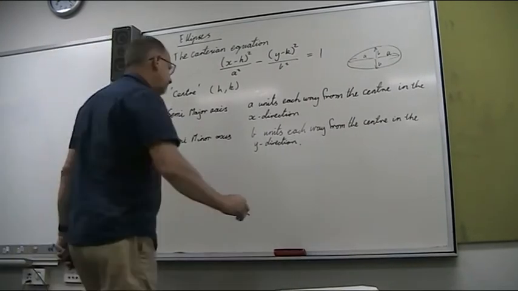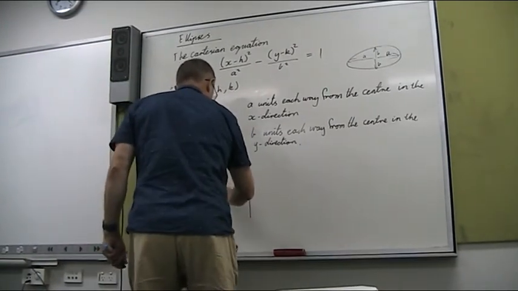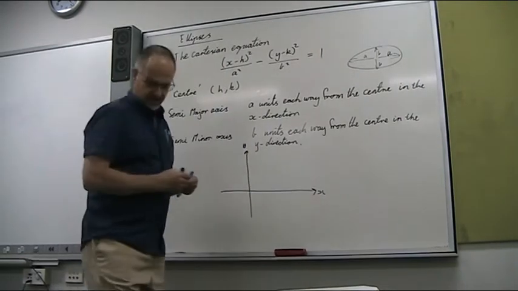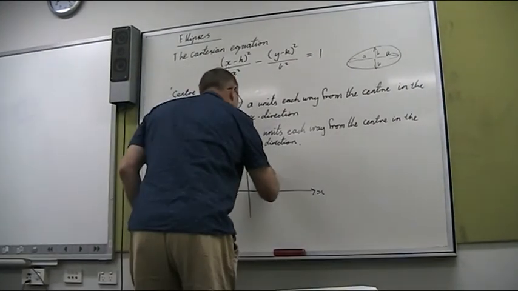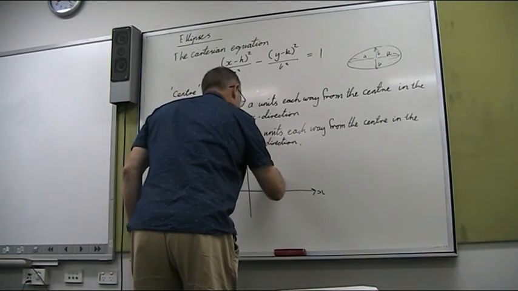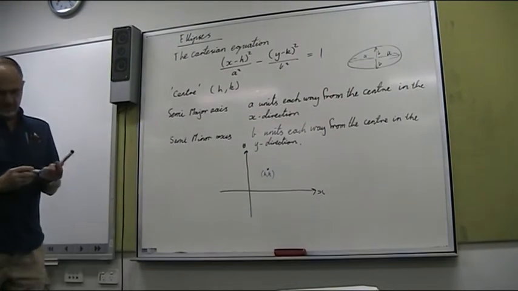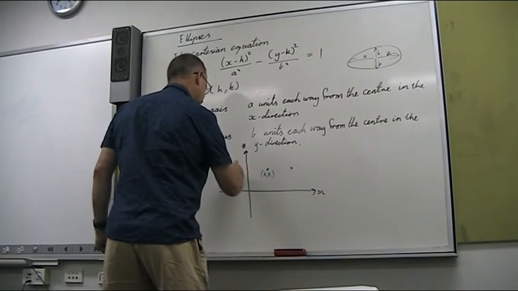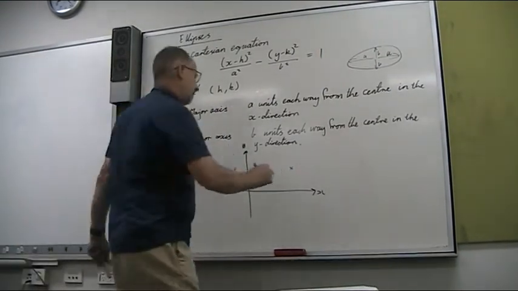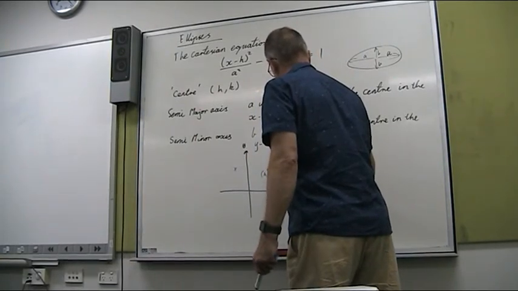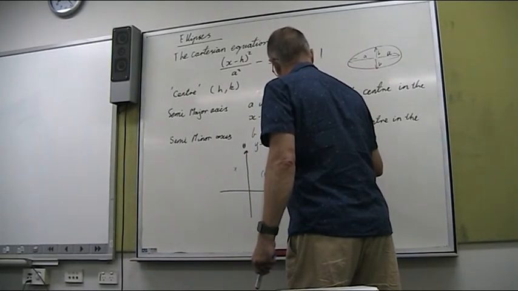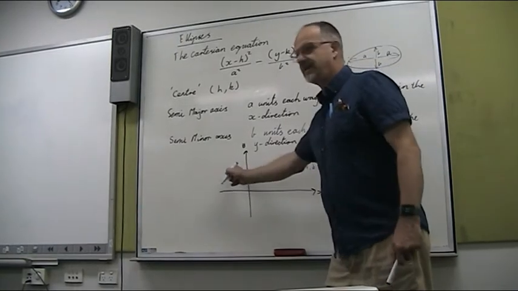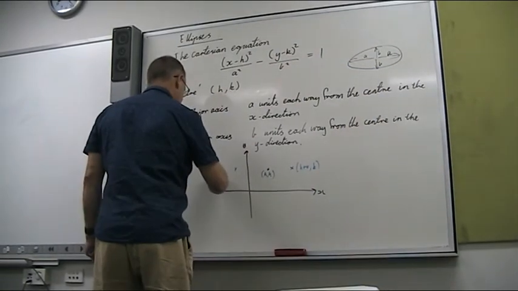So if I do a rough sketch here, for example, if we've got a point h and k, then horizontally I'll go across the distance of a further across here, distance of a that way, should be h minus a.